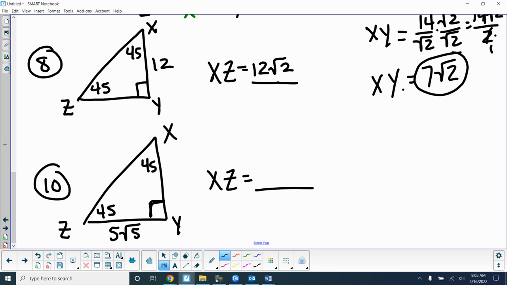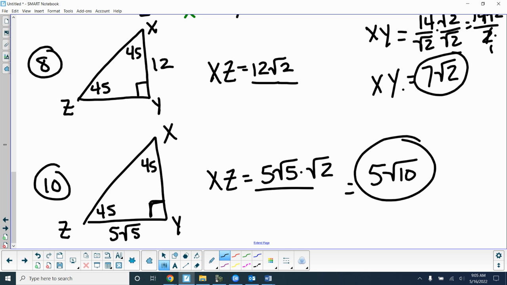Caleb Collins? Right. So 5 radical 5 times radical 2 is 5 radical 10. No decimals, please. Any questions? All right, that's it. Simple. Last quiz before exam.